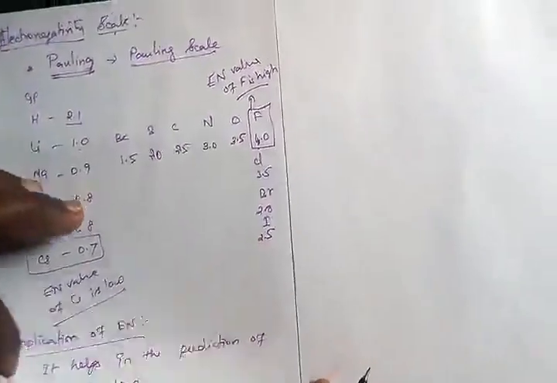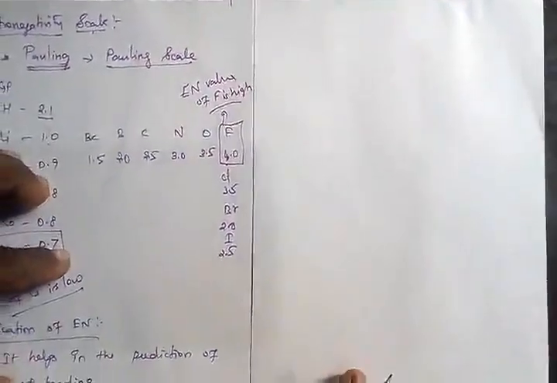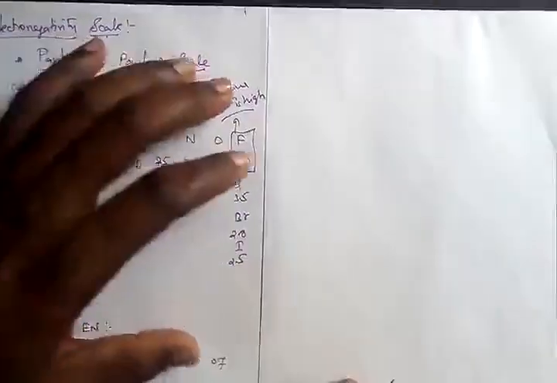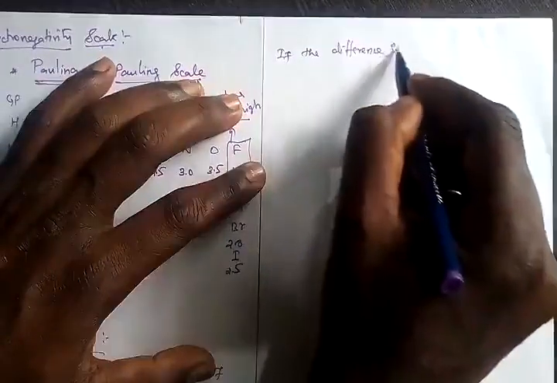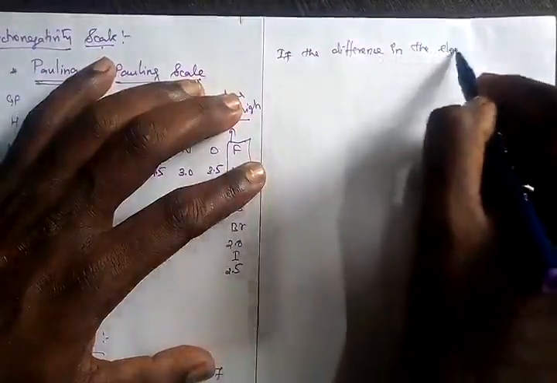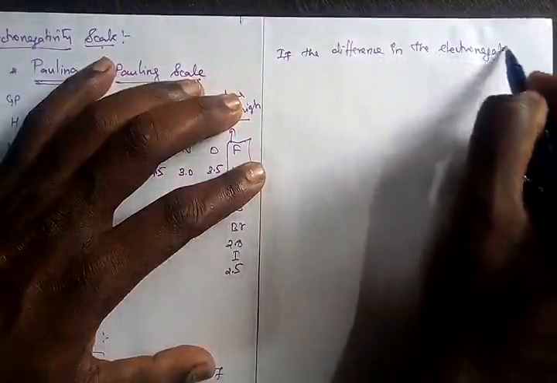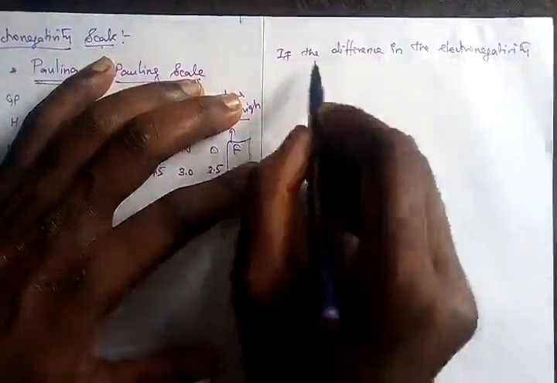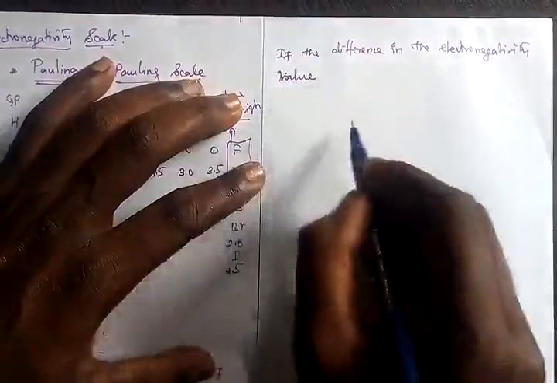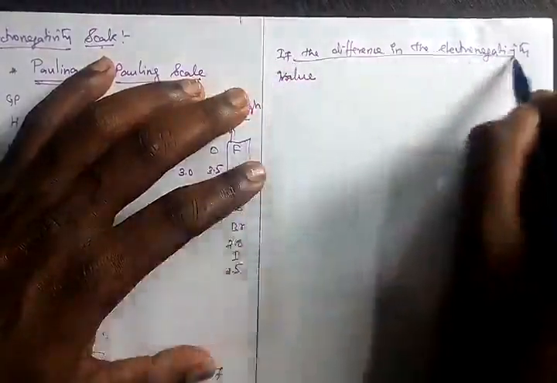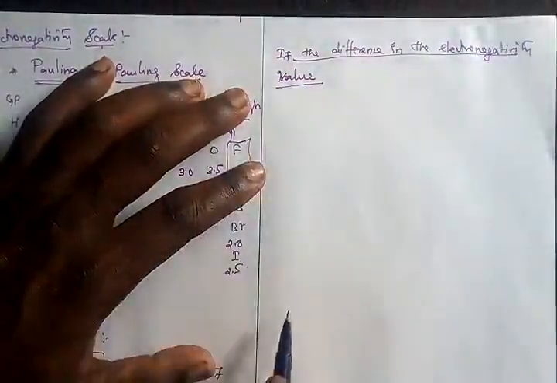So he said there are three types of conditions. We have to consider the difference in electronegativity value.